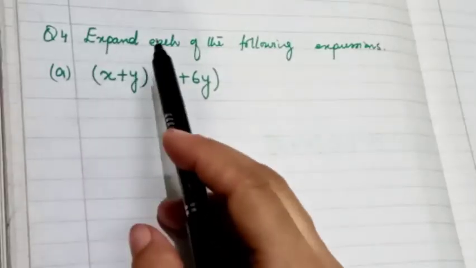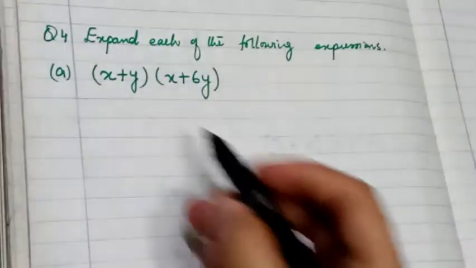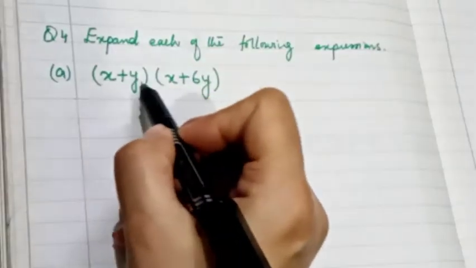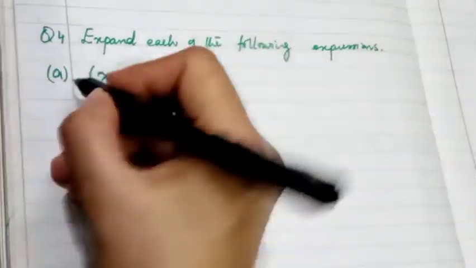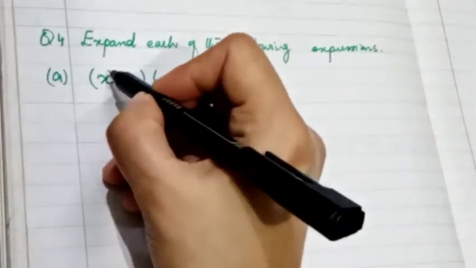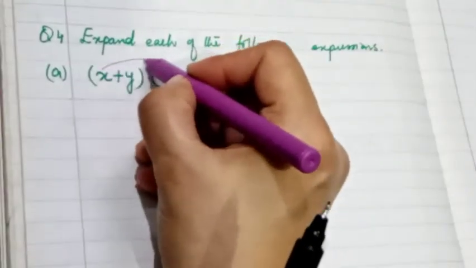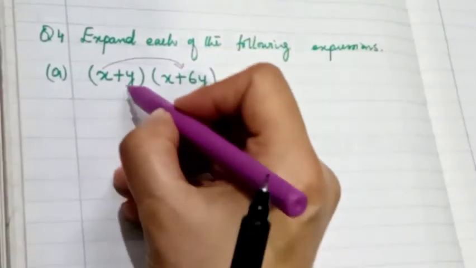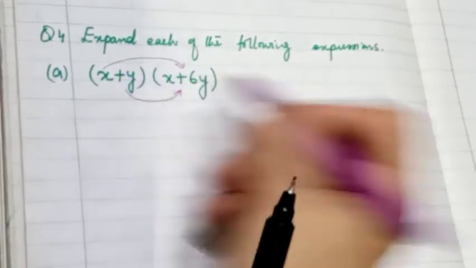Now I am doing question number 4 for you. Expand each of the following expressions. In this question, we have to split the first bracket and we have to multiply its term with the second bracket. So we have to multiply this x with x plus 6y first. We have to multiply this x with the second bracket, then we have to multiply this plus y with x plus 6y.